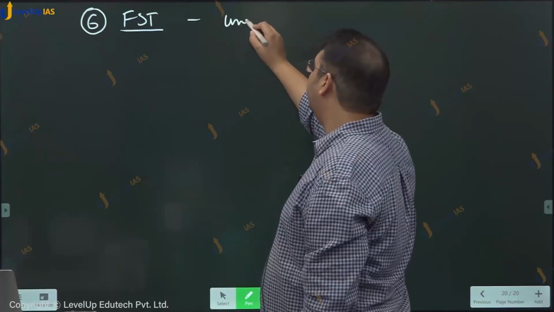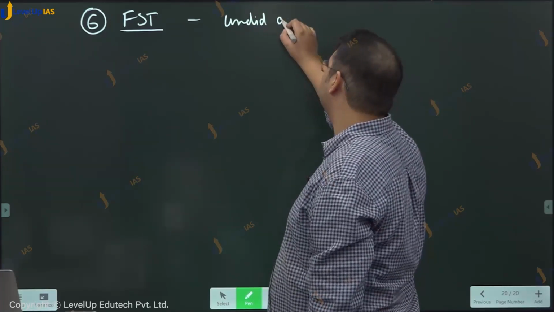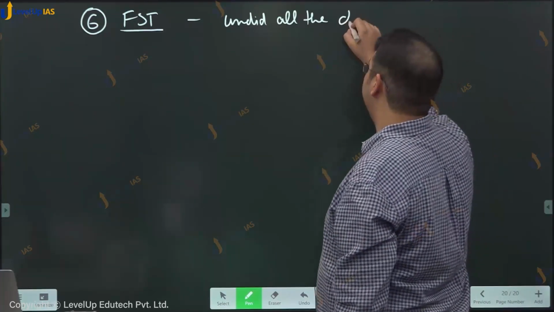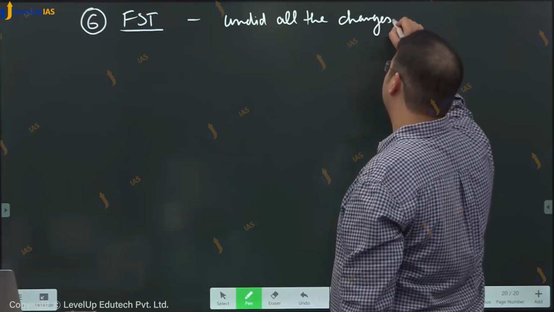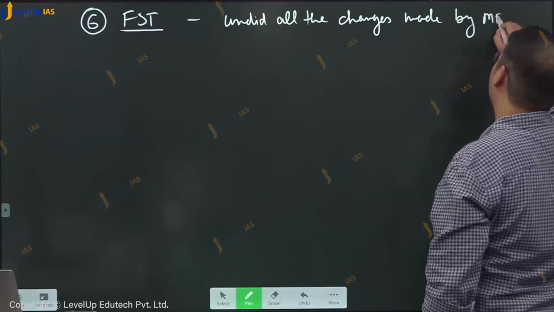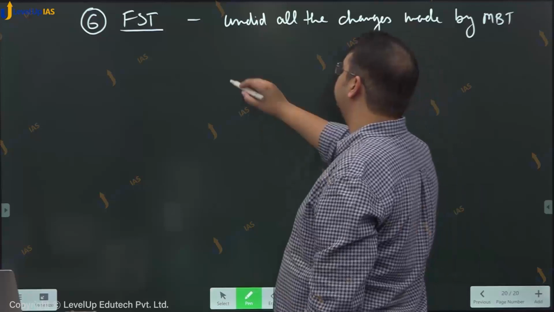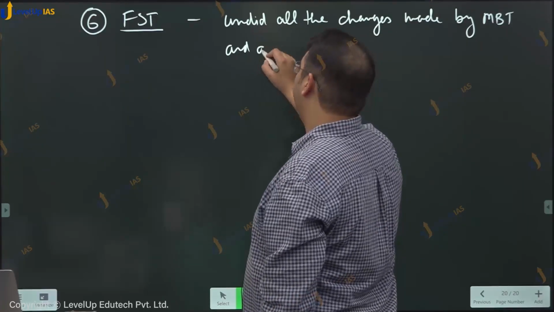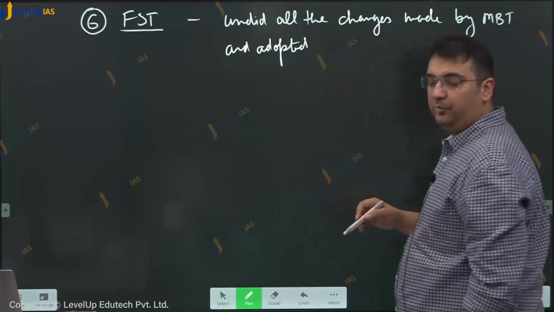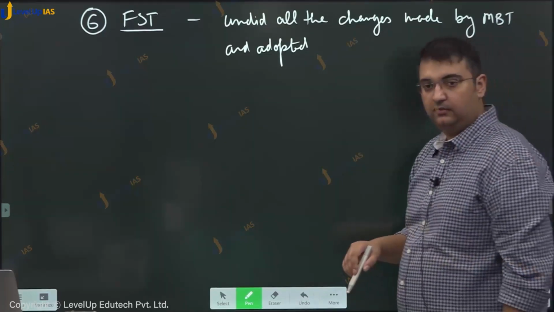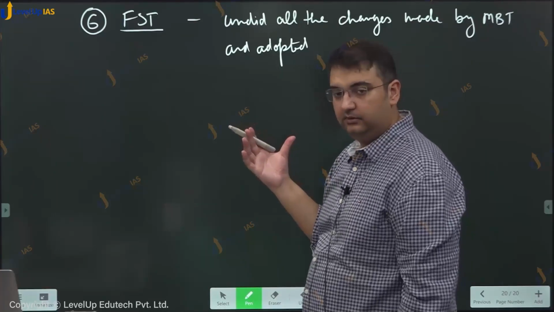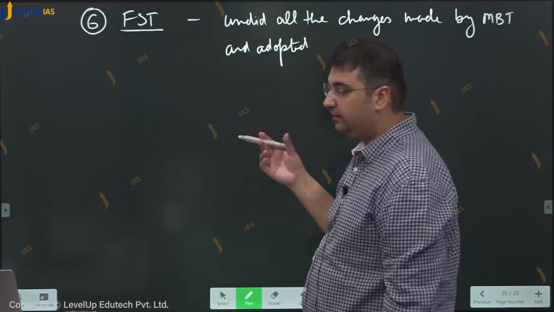He undid all the changes made by Muhammad bin Tughlaq and adopted which policy? फिरोज शाह तुगलक के साथ कौन सी पॉलिसी हमेशा जुड़ती है? पॉलिसी ऑफ अपीजमेंट.